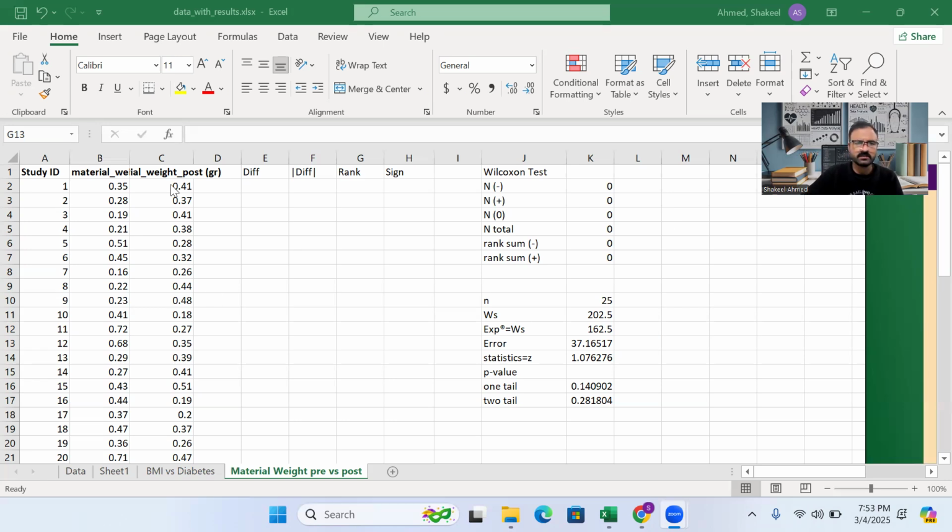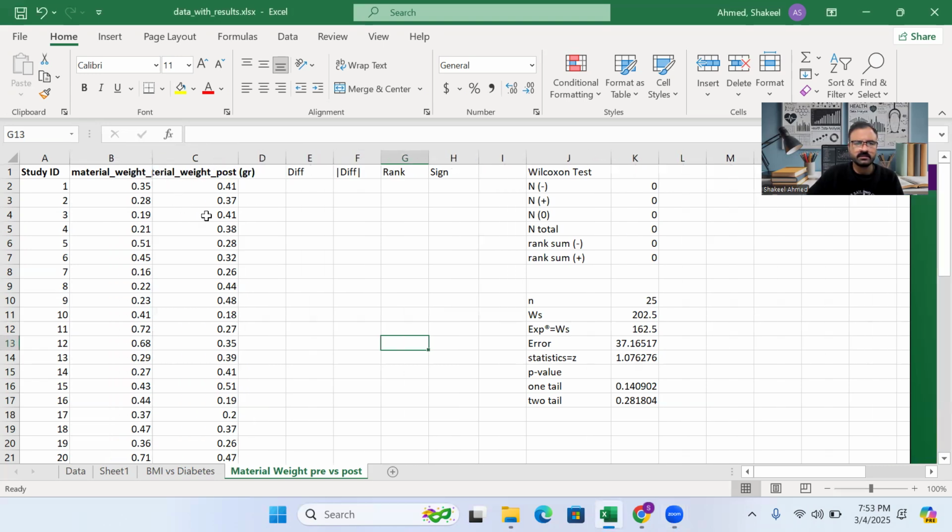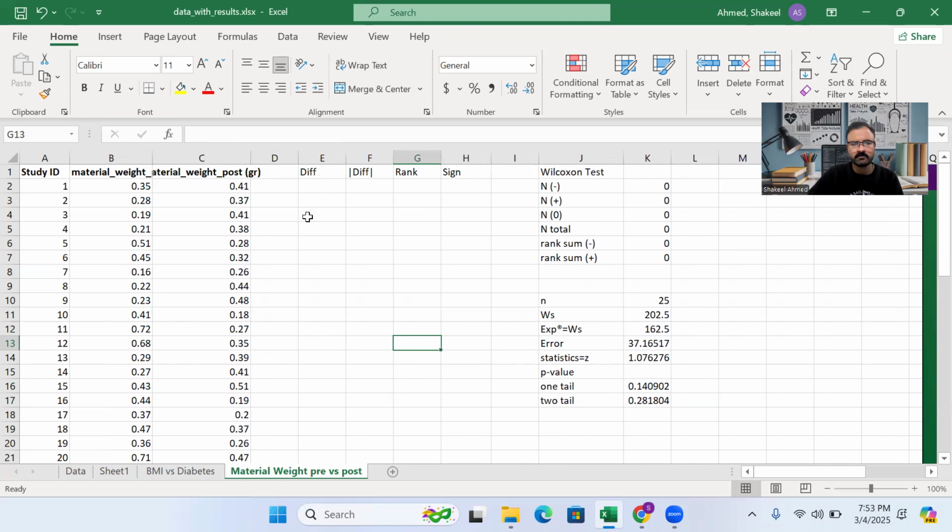And we are just taking an example of material weights in teeth. This is data taken from dentistry studies, and we are just going to apply a Wilcoxon Signed Rank Test.